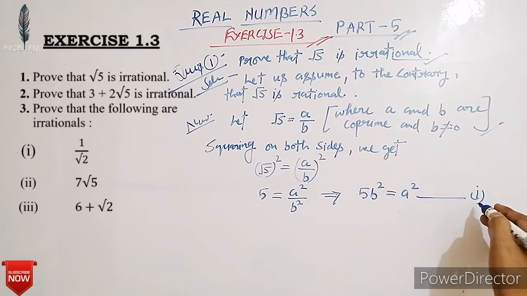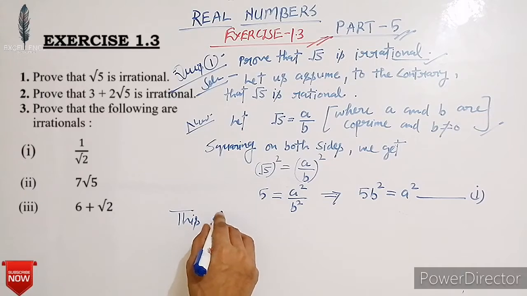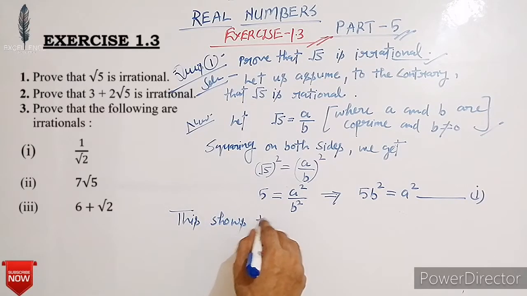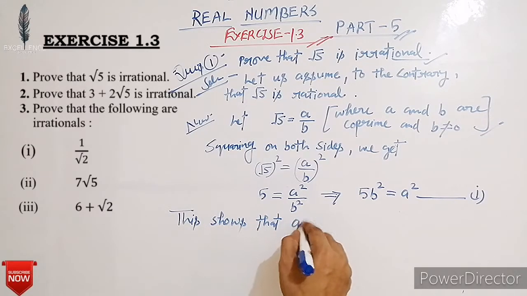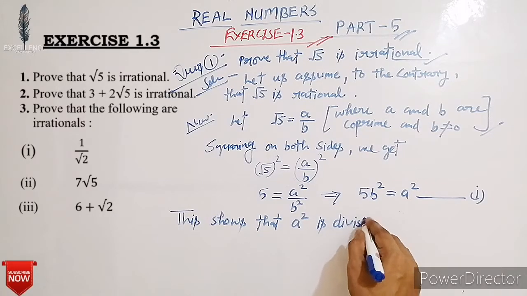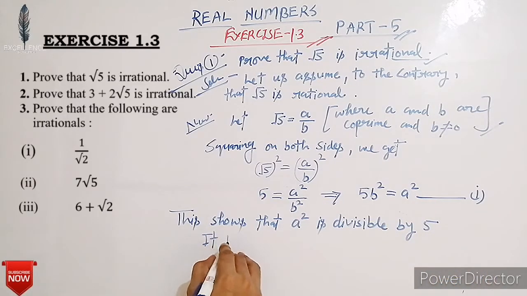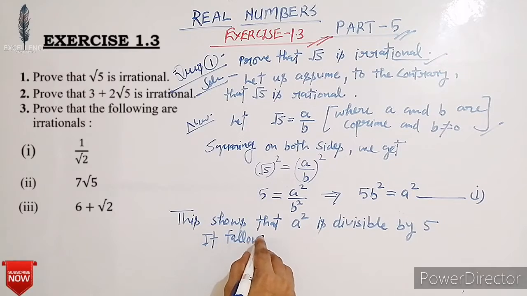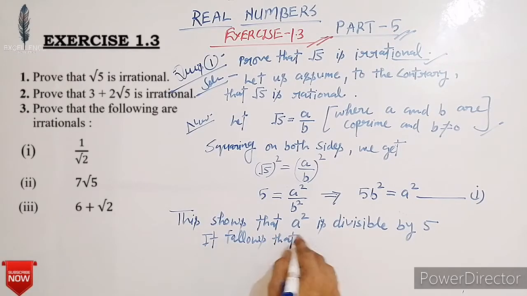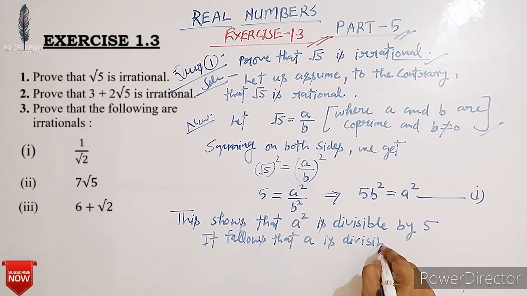Let it equation first. Clearly we see the product of 5 and B square is equals to A square. So this shows that A square is divisible by 5. Okay students. Here A square is divisible by 5. So it follows that A is divisible by 5.